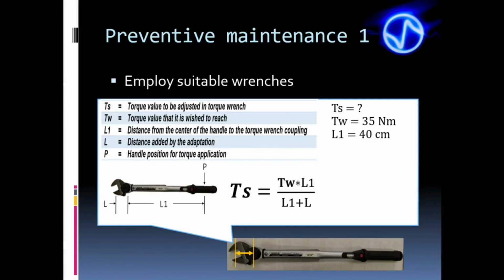The distance added by the adaptation, or simply L, is 9 cm. So, by applying the equation, we have torque to be set, Ts, equals 35 times 40 divided by 40 plus 9, which results in the torque set of 28.5 Nm.